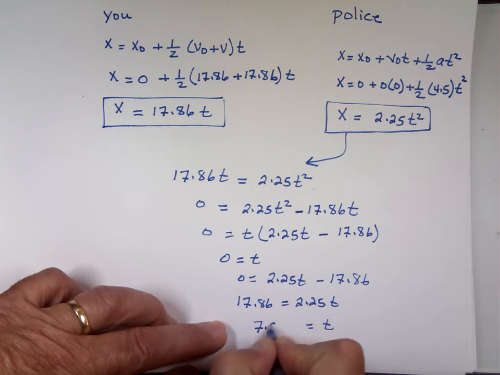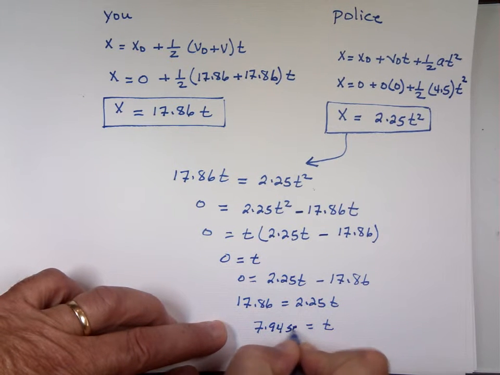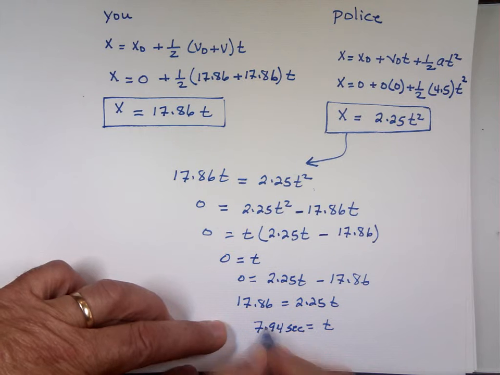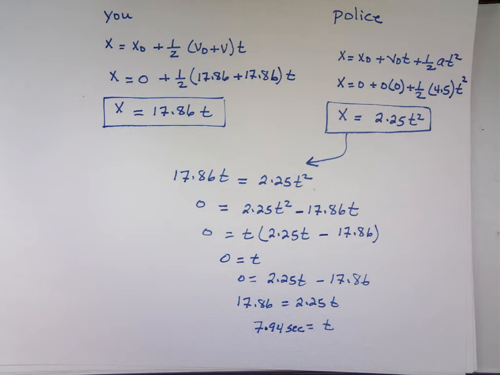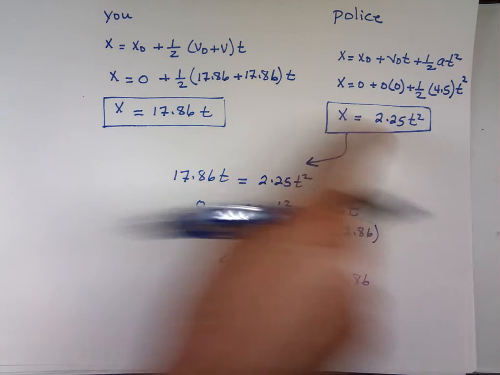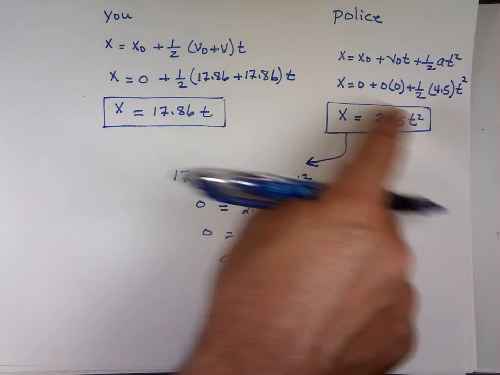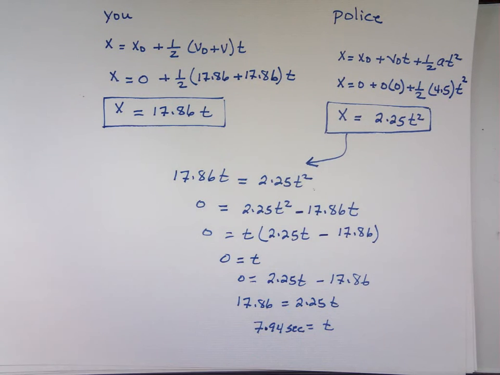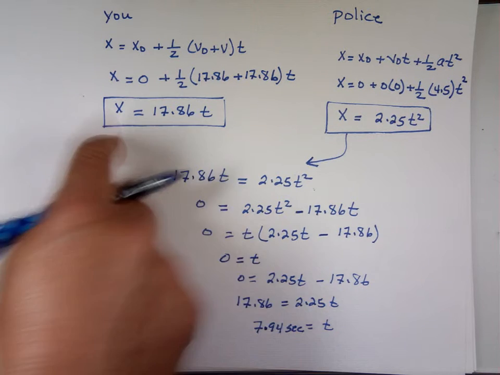So time-wise, how long is it going to take the police car to catch up to you? 7.94 seconds. If you know what the time is, you can use either one of these equations to get the distance. What's the distance? Either one, that looks easier to use.